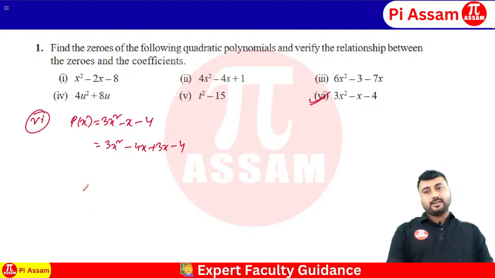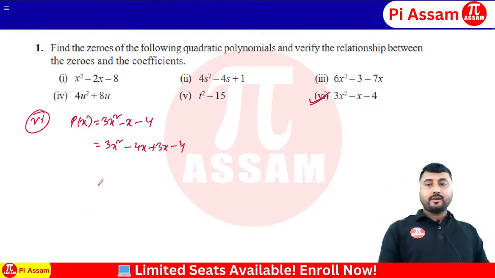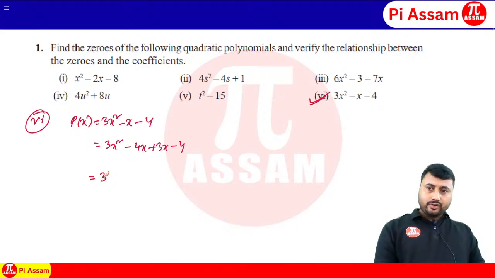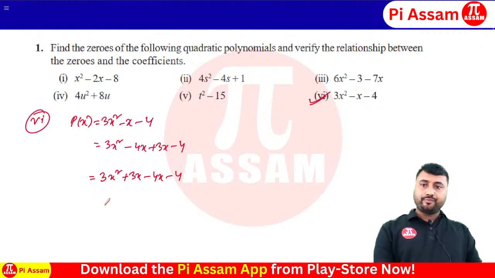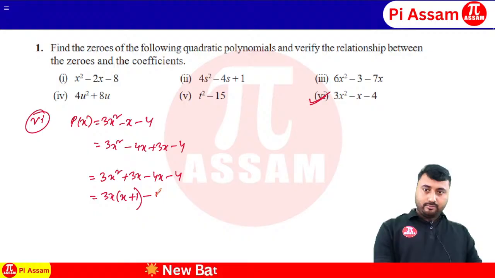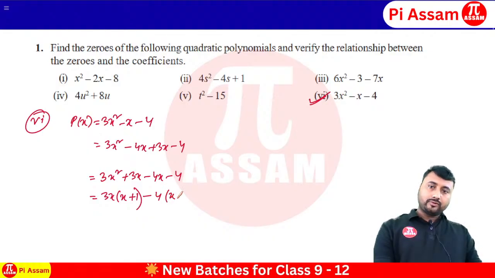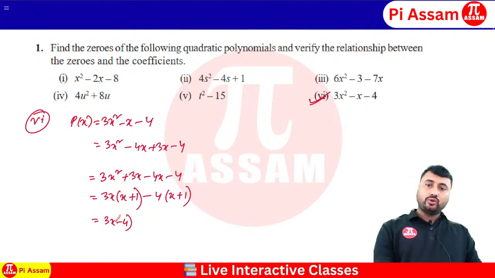We can express it like that, minus 4x plus 3x equal to minus x. So here 3x squared plus 3x minus 4x minus 4. We take 3x as common, x plus 1, and here minus 4, x plus 1. So therefore 3x minus 4 whole into x plus 1.